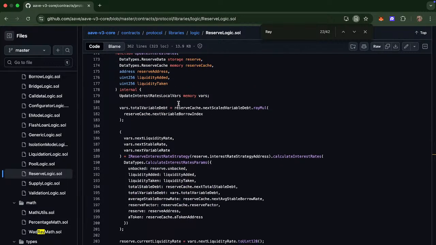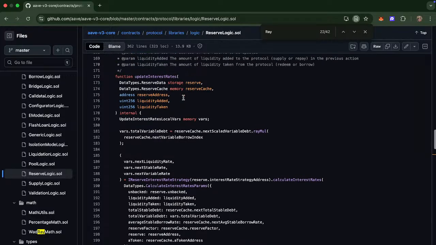Staking reserve, cache, address, liquidity added, liquidity removed.